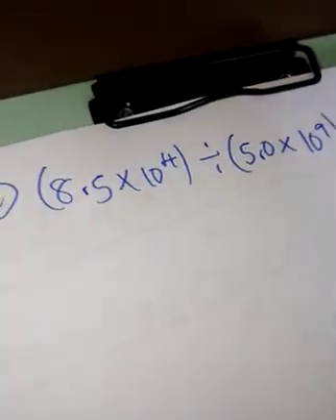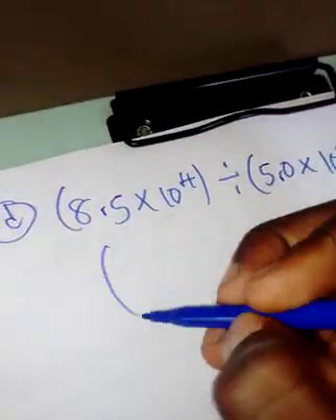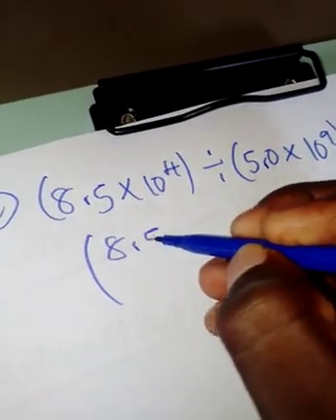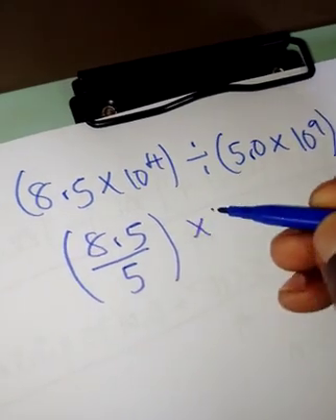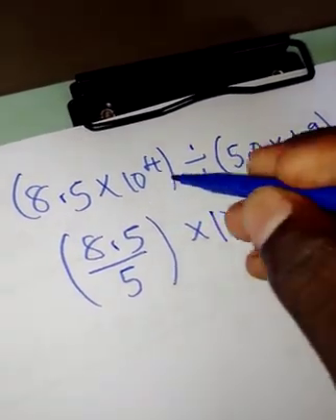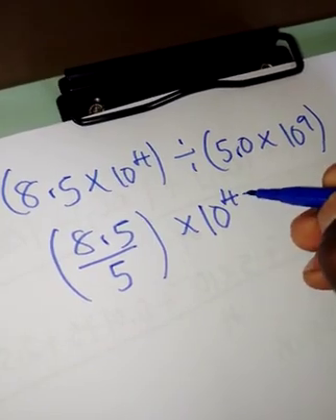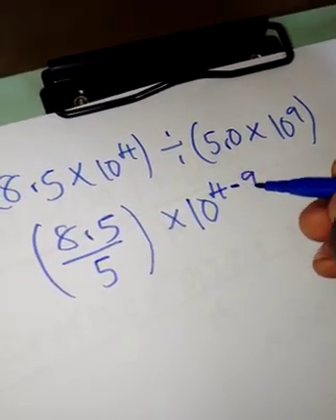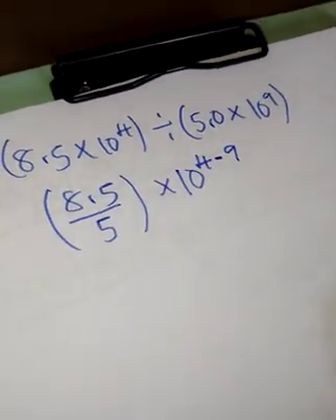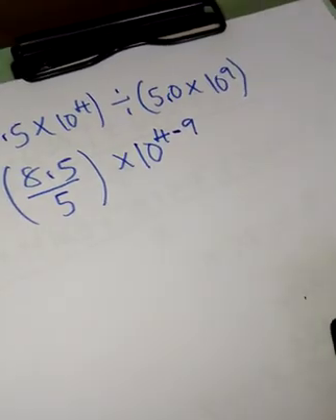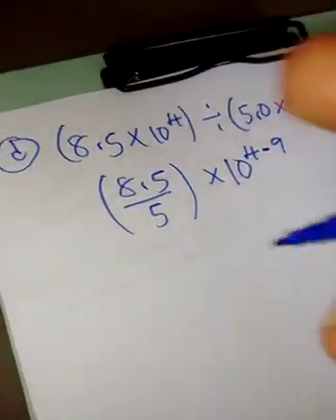Here we are dividing, meaning you get your 8.5 over 5 multiplied by 10 to the power 4 minus 9, so you subtract the powers. 8.5 divided by 5, I'm getting 1.7.